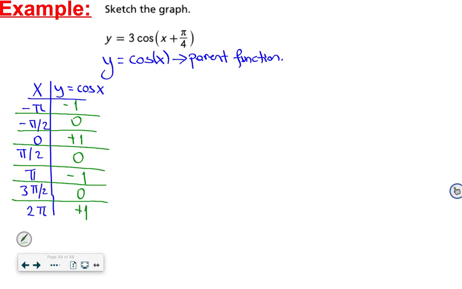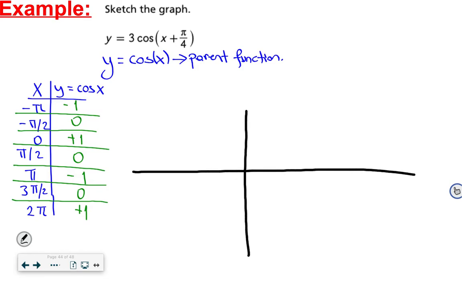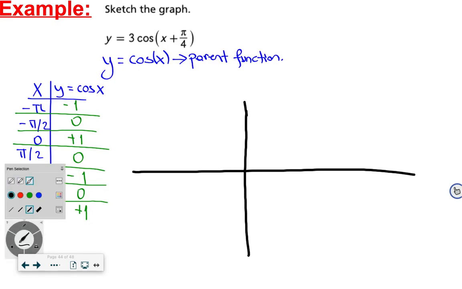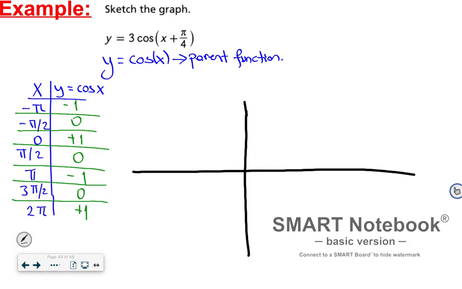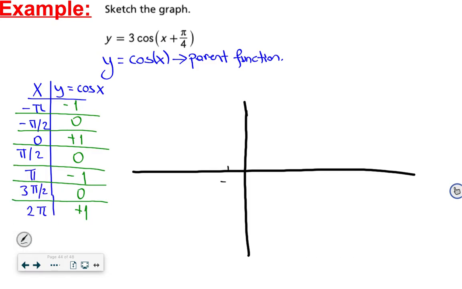Alright, let me graph this first. So this is your coordinate plane. My values are negative pi over 4, negative pi over 2, and negative pi.